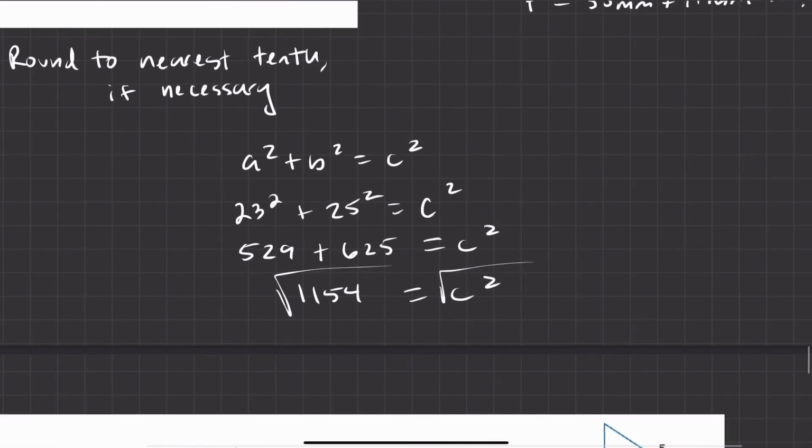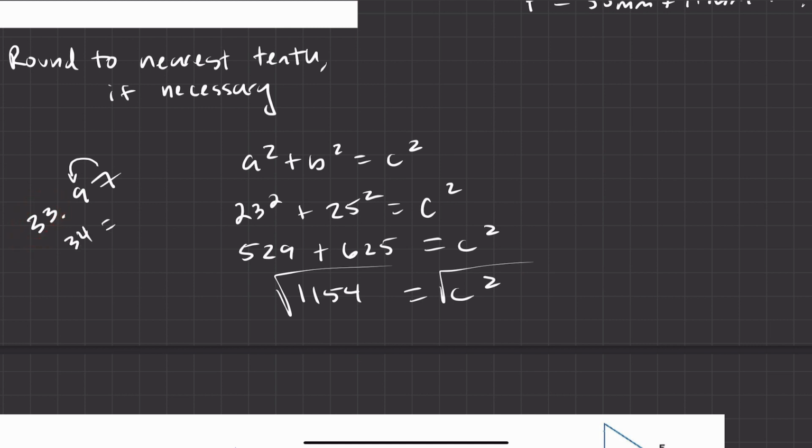So on my calculator, it has 33.97. Since I'm rounding to the nearest tenth, that 7 is going to dictate that 9. And because that 9 is being rounded, it's going to be a whole number now. This is now going to become 34.